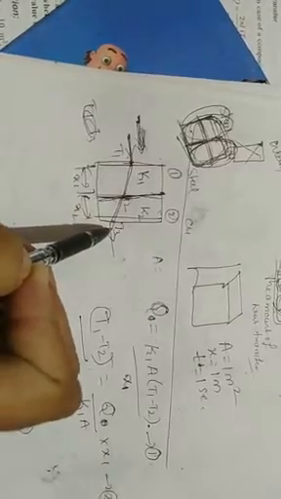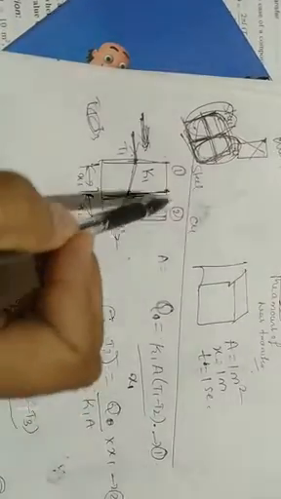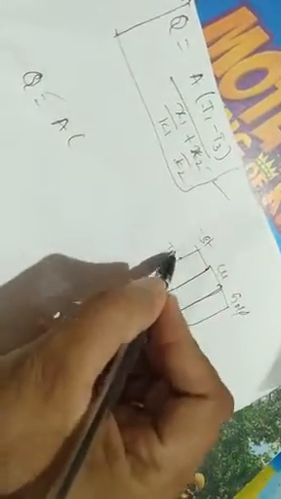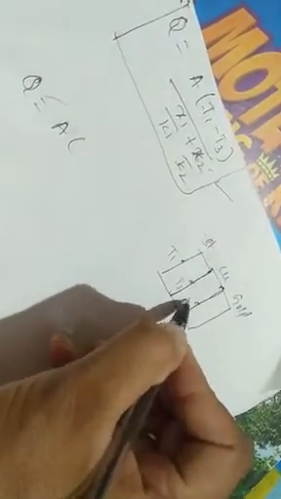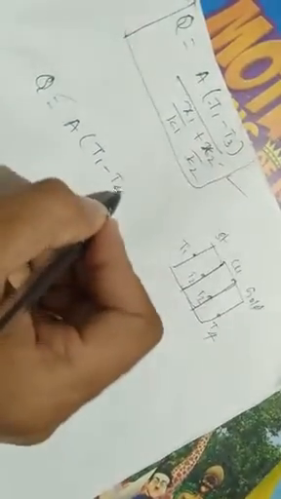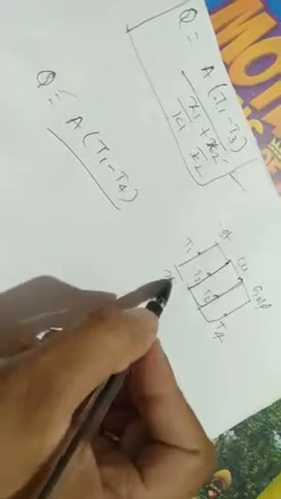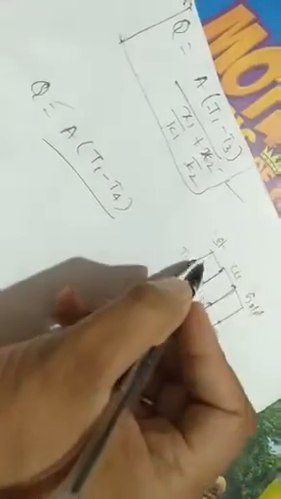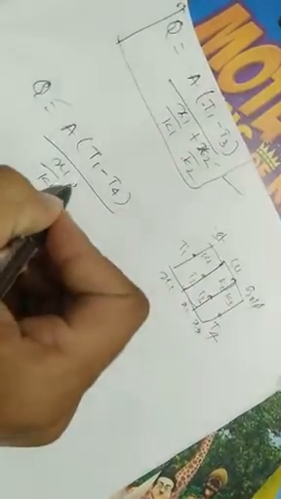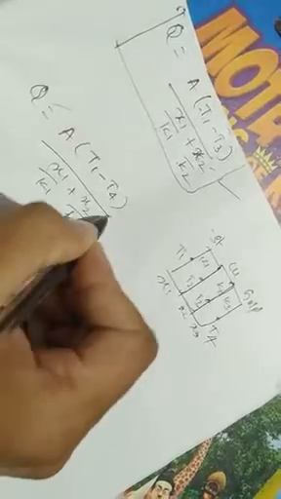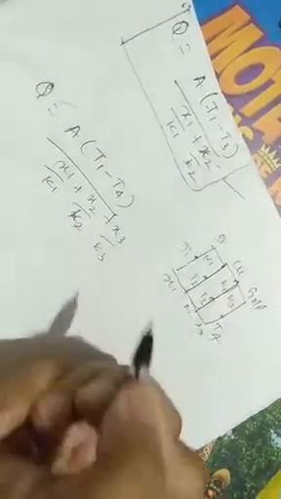At the end of the wall we have T1 and T4. So first minus last: A into first minus last, divided by X1 divided by K1 plus X2 divided by K2 plus X3 divided by K3.